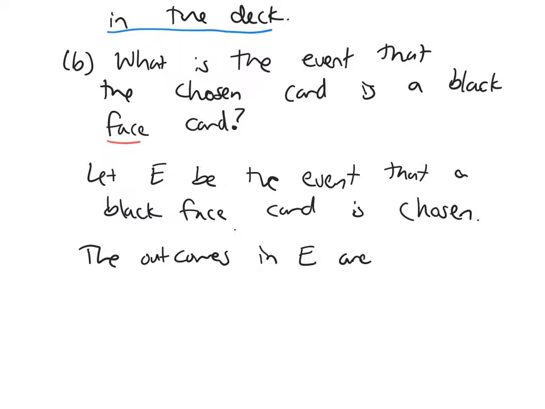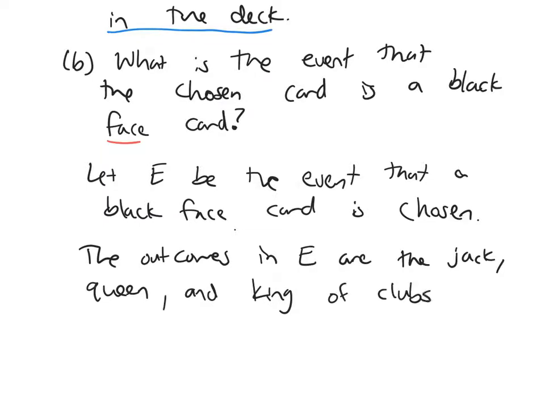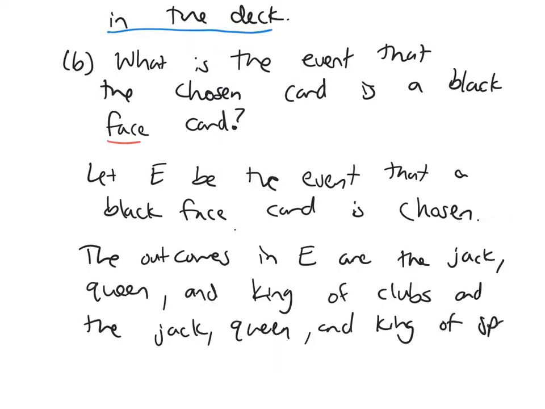So the outcomes in E are the jack, queen, and king of clubs, and the jack, queen, and king of spades.